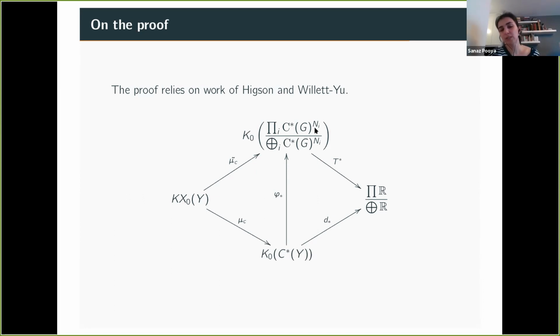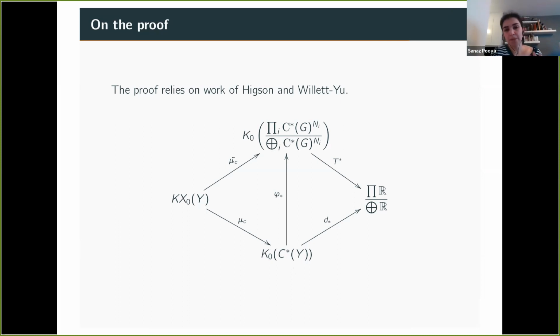And now we have two traces. On the compact operators, we have the unbounded trace. And on the reduced group C-star algebra, we have the von Neumann trace, the canonical trace. These are the ones that will give us the L²-Betti numbers. And by commutativity of this diagram, we see that if something belongs to the image, then these things must be equal. As a result, we get the equality between different Betti numbers and L²-Betti numbers.